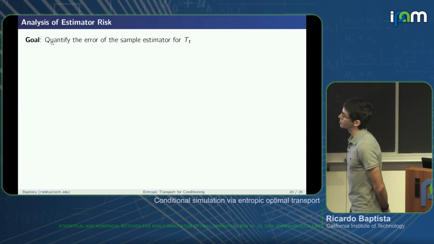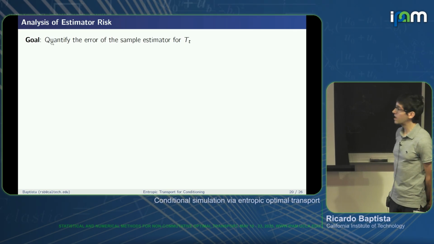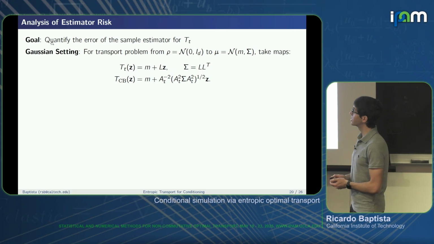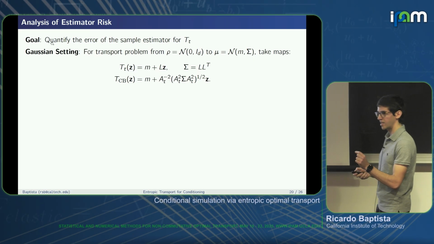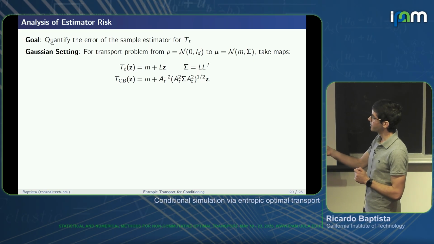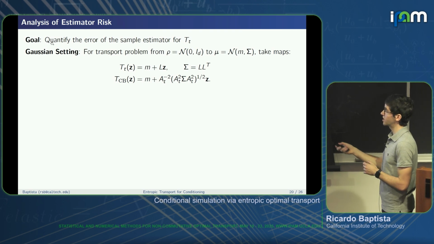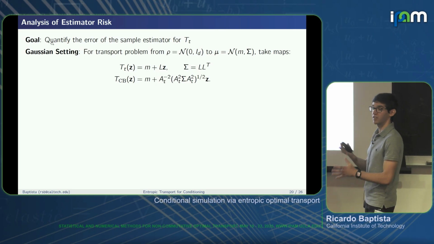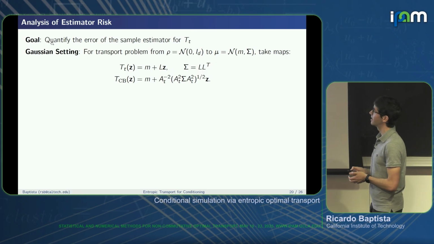The second is we did some preliminary analysis of the finite sample risk of this estimator. Again, we considered this Gaussian to Gaussian transport problem where we can explicitly compute the map which is optimal with respect to this rescaled cost, CT. That corresponds to choosing a particular triangular factorization of the covariance matrices in these Gaussian source and targets.